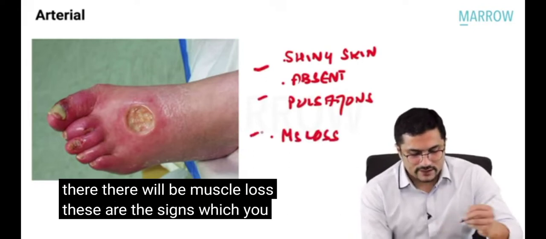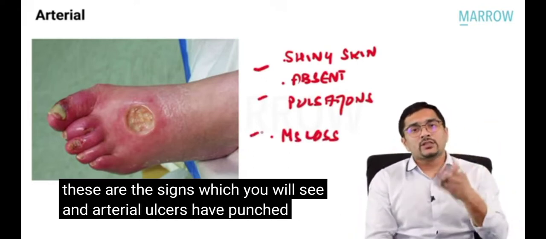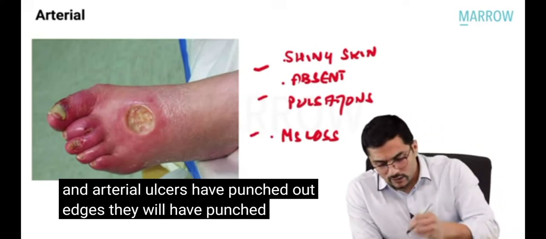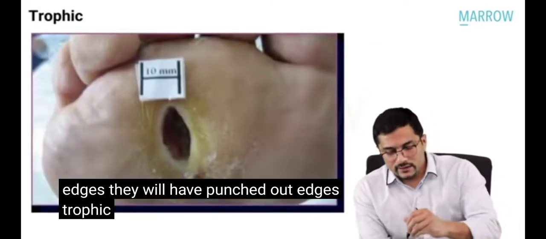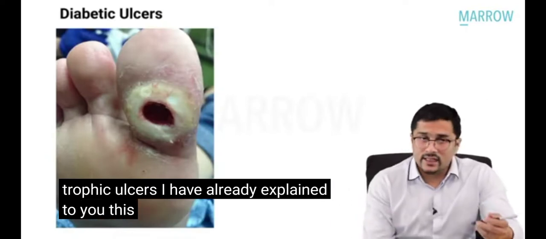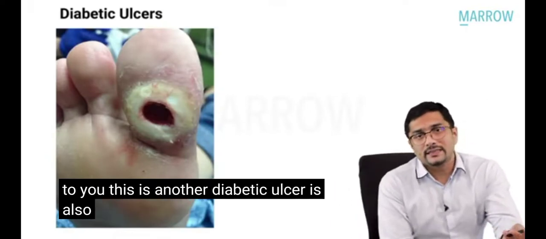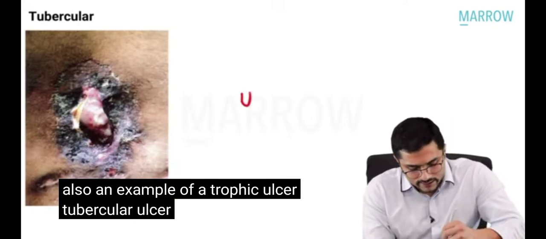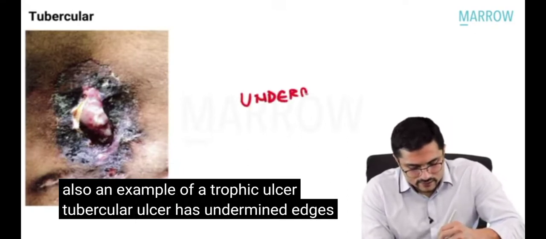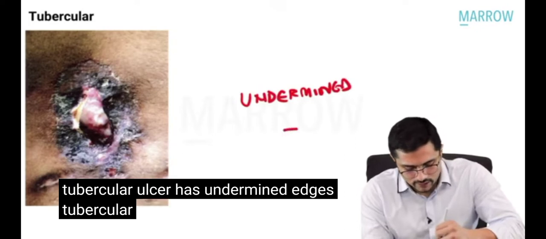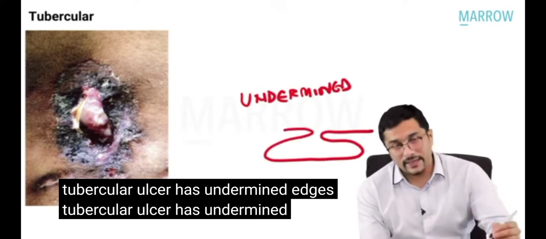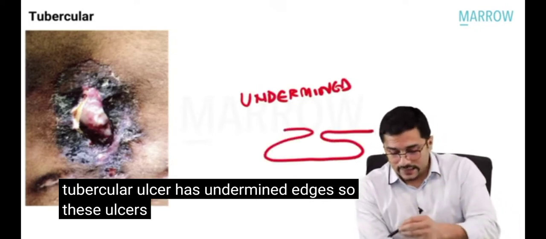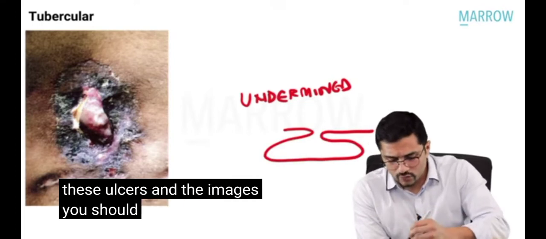These are the signs which you will see, and arterial ulcers have punched out edges. Trophic ulcers I have already explained to you. Another diabetic ulcer is also an example of a trophic ulcer. Tubercular ulcer has undermined edges. So, these ulcers and the images you should know for the exam.